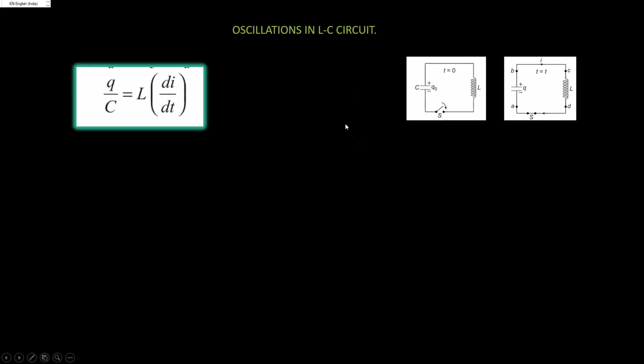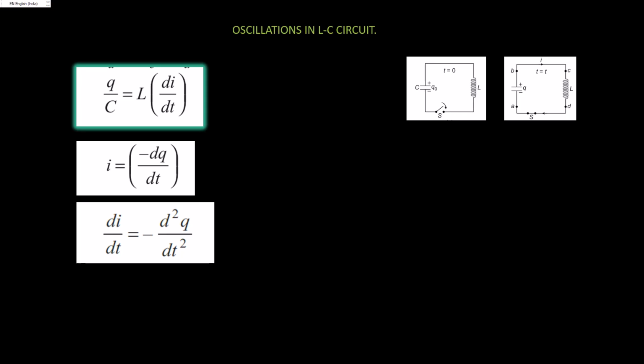Now the potential difference across the capacitor is Q by C and the voltage drop across the inductor is L di/dt. So I is minus dQ/dt because the capacitor is discharging, and the minus sign tells this.